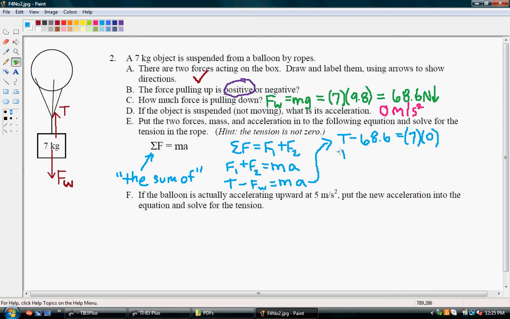So the tension minus the force of weight, 68.6, equals 0. Now we just need to solve for tension. We solve for tension by adding 68.6 to both sides. So what we get is tension equals 68.6 newtons up.